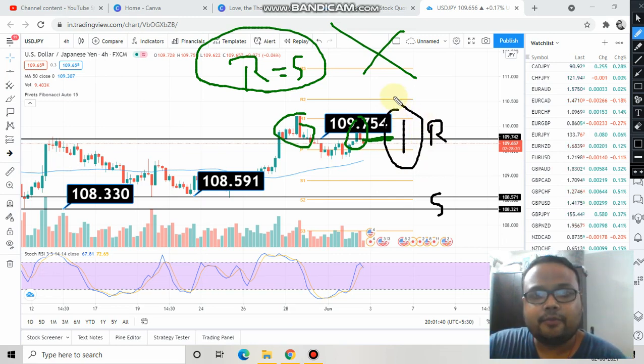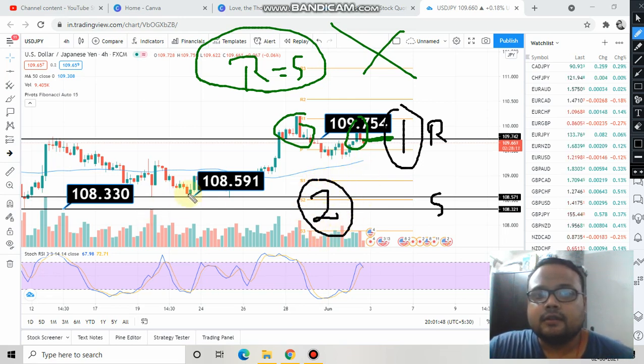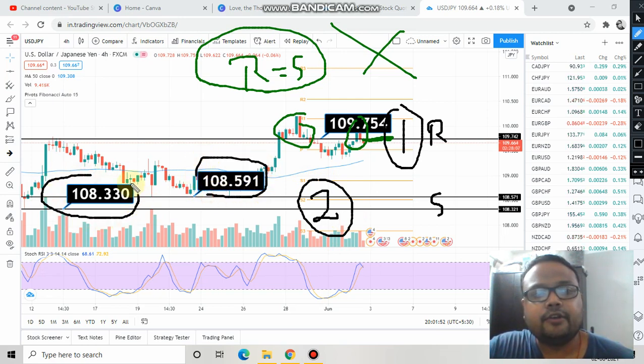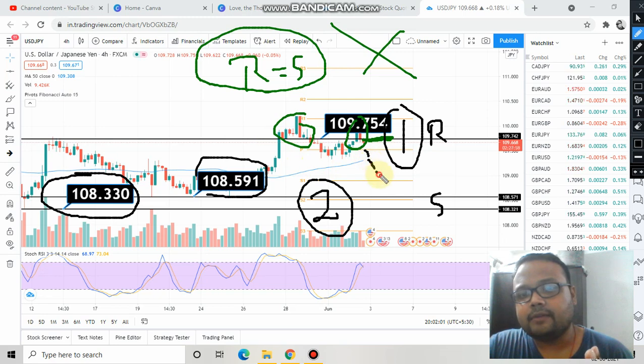And the second trading opportunity is, in case market comes down, then you'll get the opportunity at this support level. These two levels, 108.59 and 108.3, were acting as a support to the market. Let's assume market starts coming down, then just observe the price at the support level.